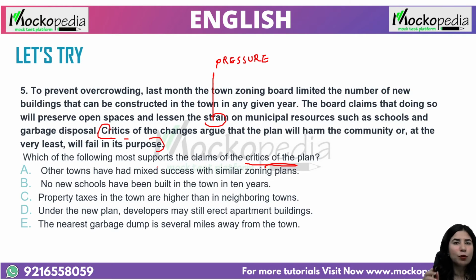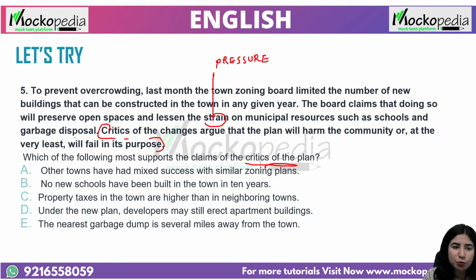That is the reason I keep on emphasizing that question understanding is important. What happens is we know we are doing strengthening questions, but we are still making it a point that every time we reach a new question, we are reading the question stem, because there is a lot of information that lies in the question. And if you're taking care of that particular little detail, your question solving will really become quick, easy, effective, and in given time, right? So let's see.